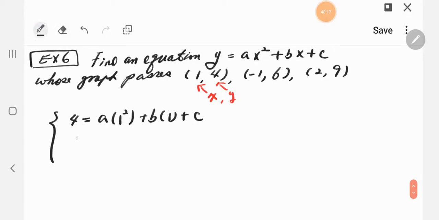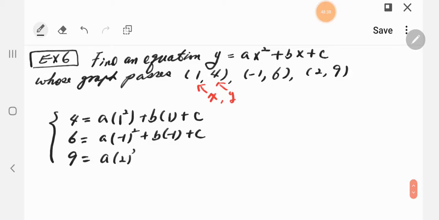For the second point, we will have a second equation. y equals 6 and x is negative 1. So a times negative 1 squared plus b times negative 1 plus c. And for the third point, x equals 2, y equals 9. So a times 2 squared plus b times 2 plus c.